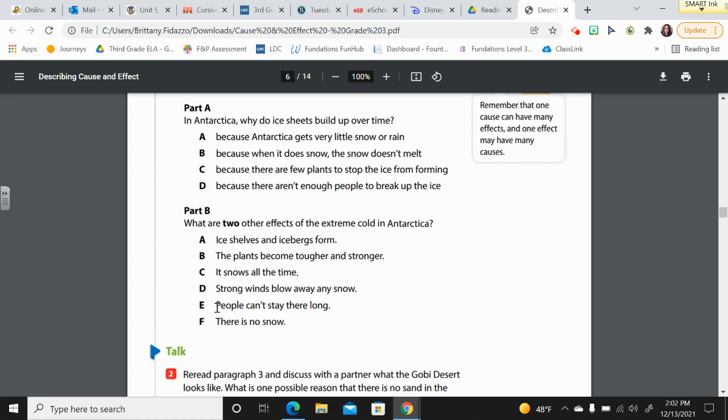How about E? People can't stay there long. Do you remember reading that about Antarctica? Yes. Or F, there is no snow? No, there's some snowy parts. So I would say that the two other effects are yes, about ice shelves and icebergs, and the fact that people cannot stay there very long.